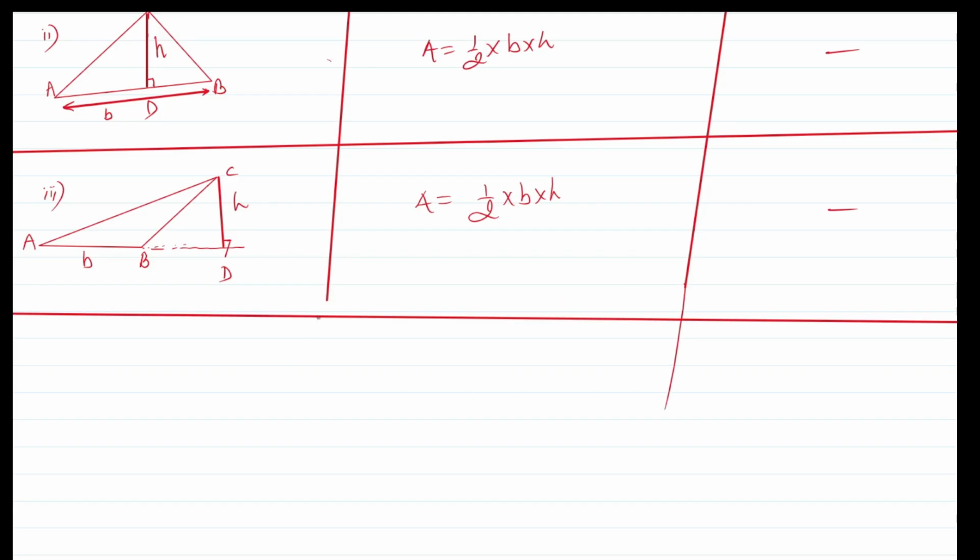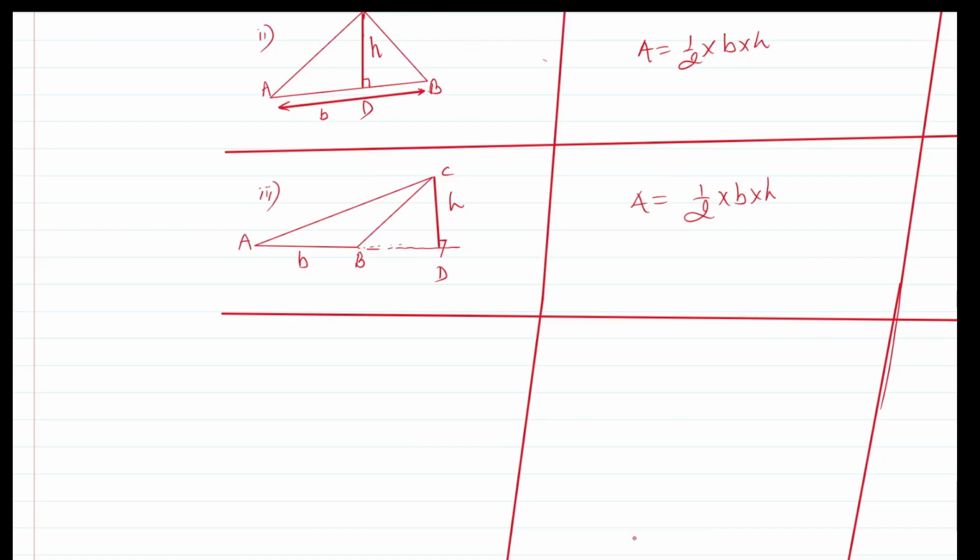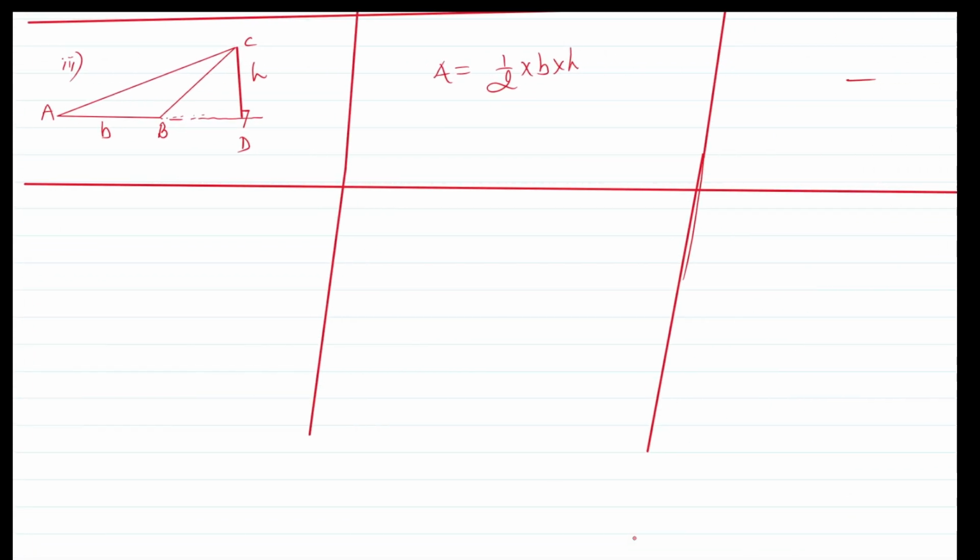Similarly, the equilateral triangle ABC: all sides are equal and the length is A. In this case, area is under root 3 A squared by 4.